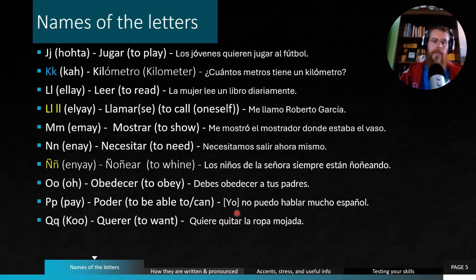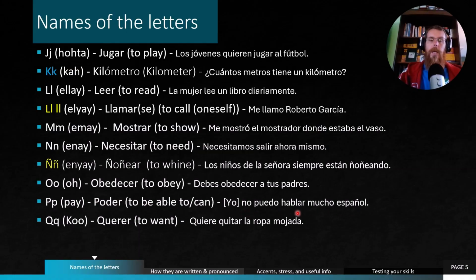This would only be used if you're emphasizing something. If you're like, I am unable to speak a lot of Spanish, yo no puedo hablar mucho español. So it's used for emphasis. But if you're not emphasizing, you can just say no puedo hablar mucho español.